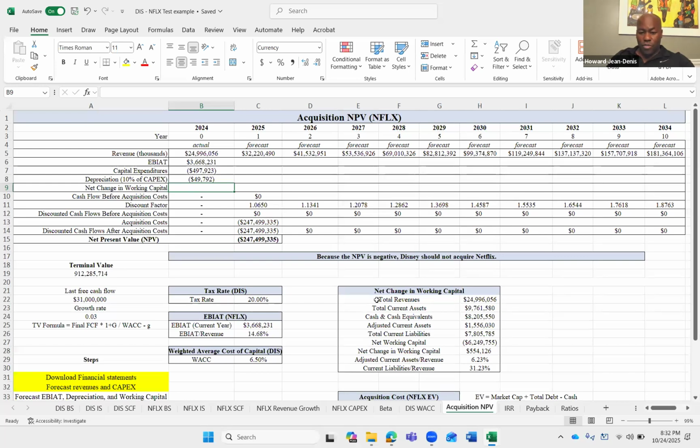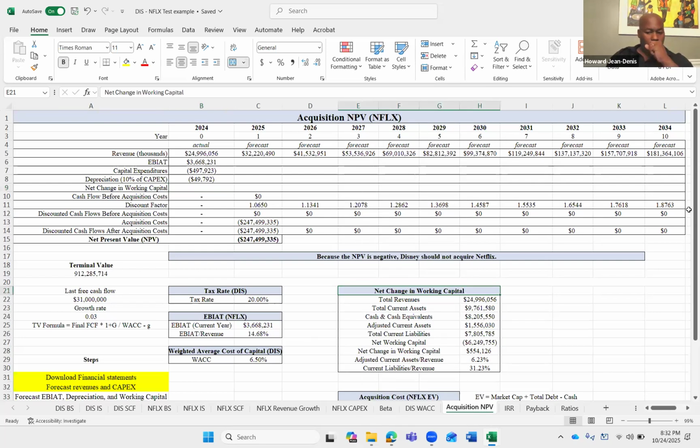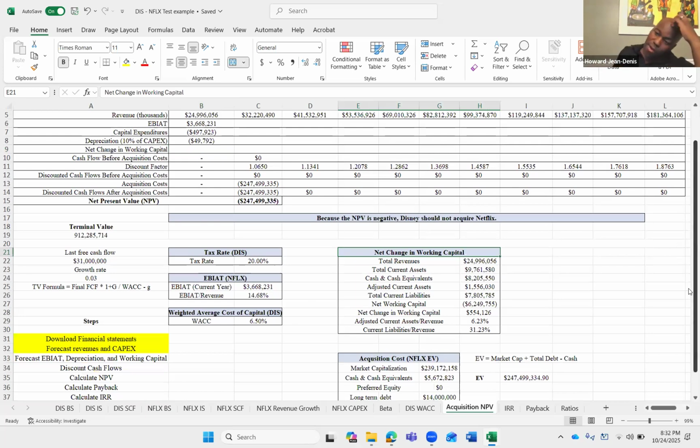The last thing we're going to do is focus on this box here. The net change in working capital is calculated primarily through your balance sheet. The only figure you need is your revenues, right? If you look at this table here in the middle, you need to find total current assets, your cash, and your total current liabilities to find net working capital.